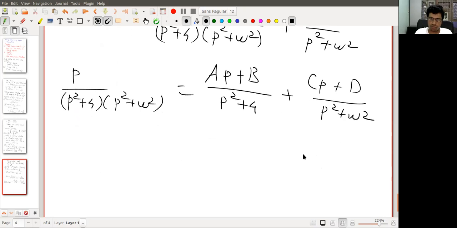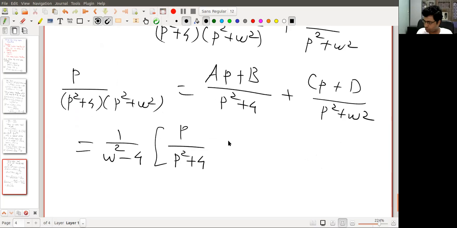Here we get this as 1 upon omega square minus 4 into p divided by p square plus 4 minus p divided by p square plus omega square. Okay.